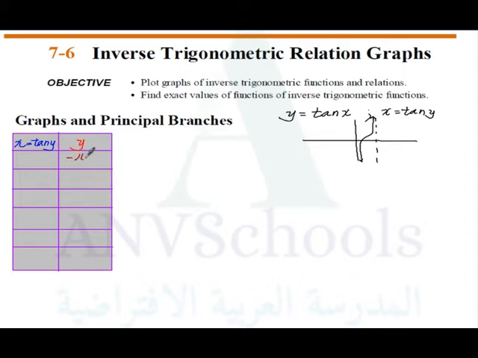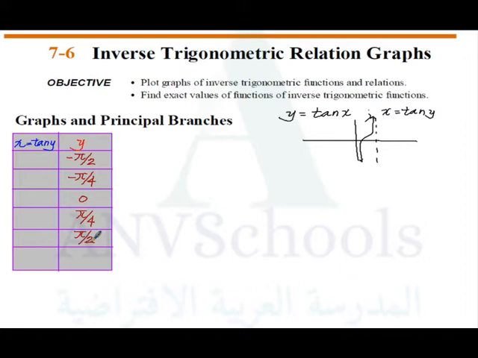So that extends from negative pi over 2 going to negative pi over 4, and then we have 0, pi over 4, and pi over 2.